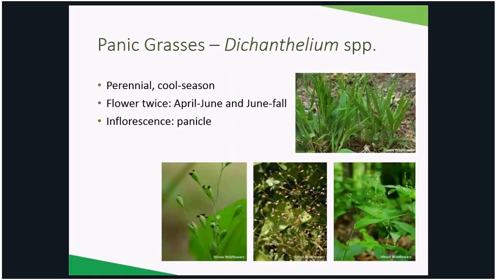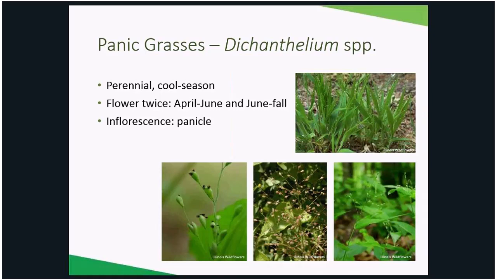Okay, our second group of plants that we'll look at are the panic grasses. These are kind of difficult to distinguish among each other. So there are 33 different panic grasses in Illinois, but as a group, they're pretty easy to identify.